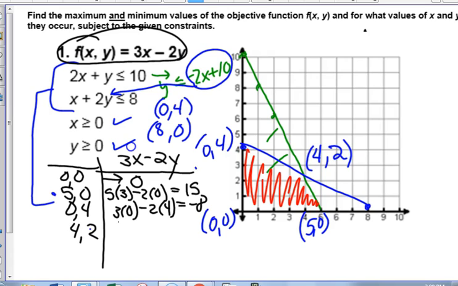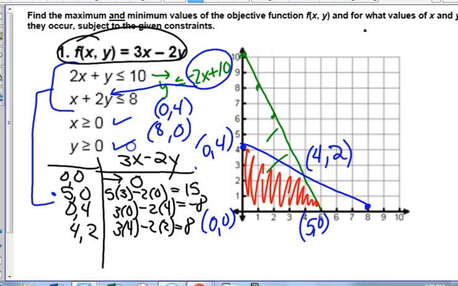Weirdness. Did anybody else get a negative? Yeah. How'd I do? 0, 15, negative 8, positive 8? Okay. Maximum. Read the directions. What does it want?